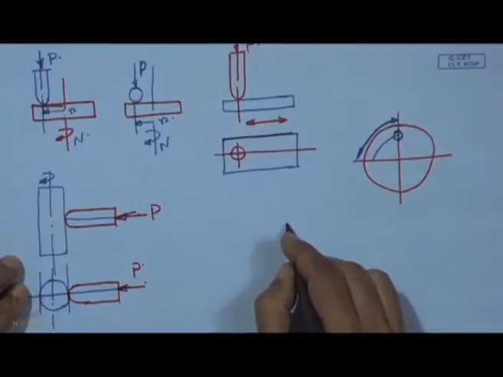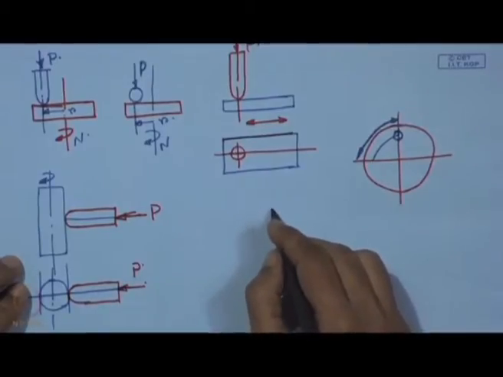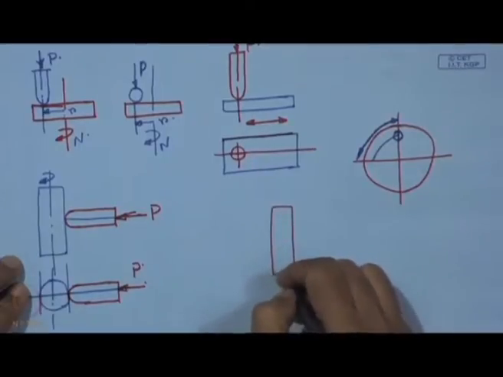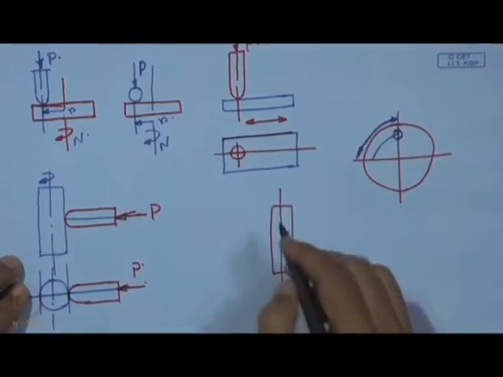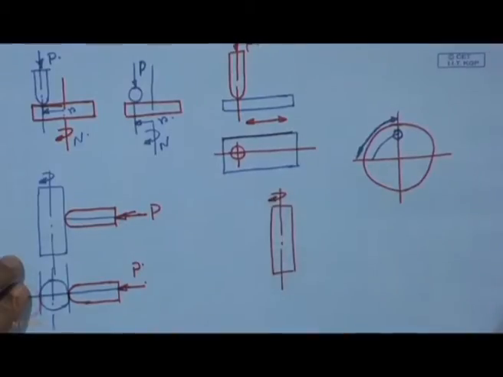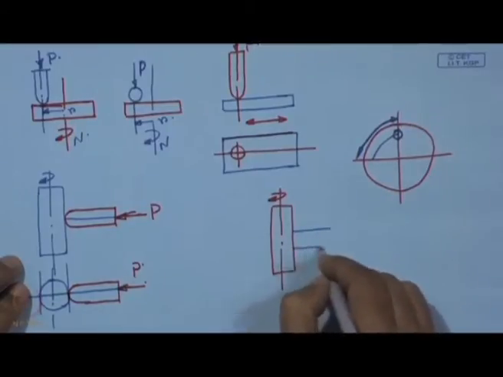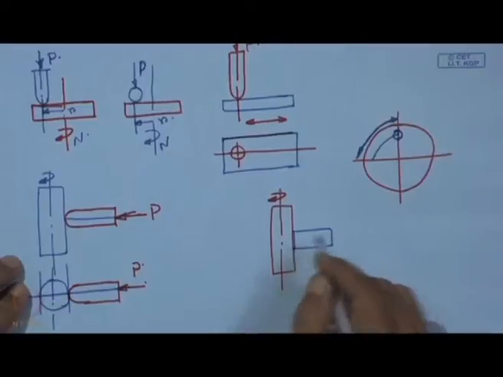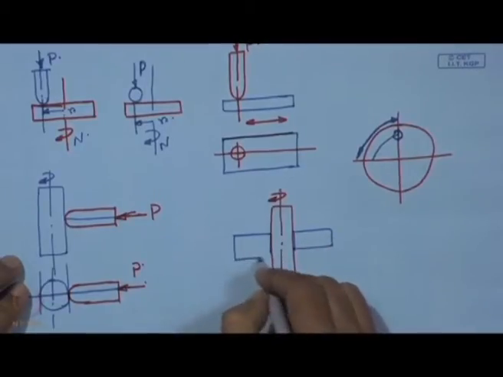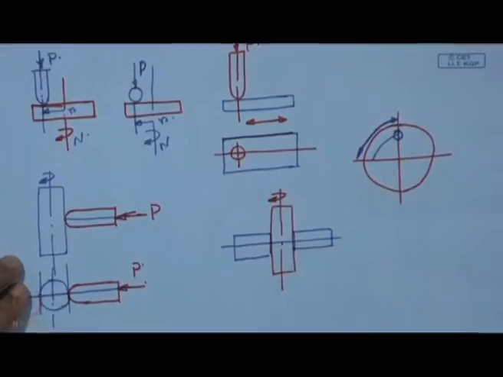Here we have a cylinder, which is rotating, and from two sides we can hold two flat plates, and if we see the front view, this is going to be the orientation.